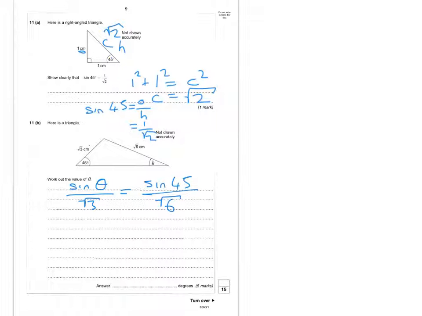Alright, sin theta is equal to sin 45, which I've just learnt is 1 over root 2, is root 3 over root 6 times 1 over root 2.